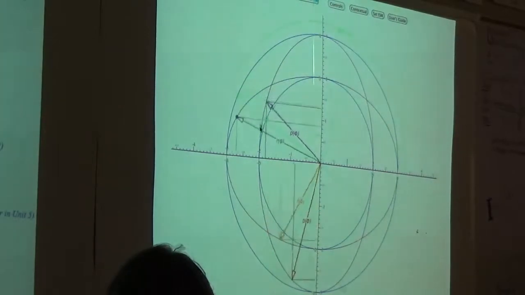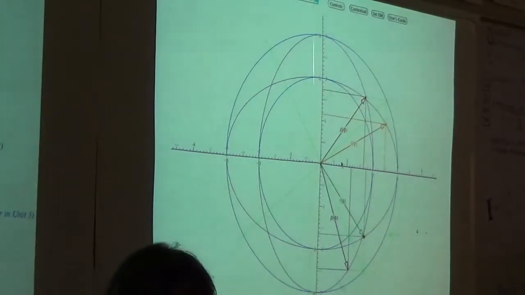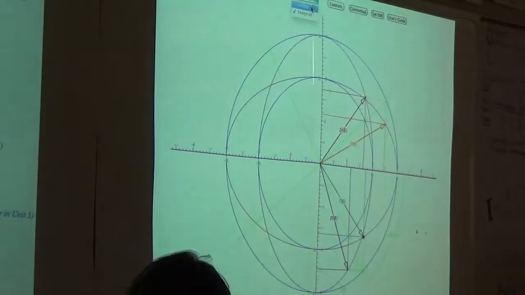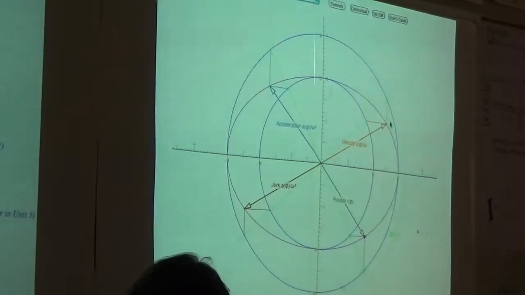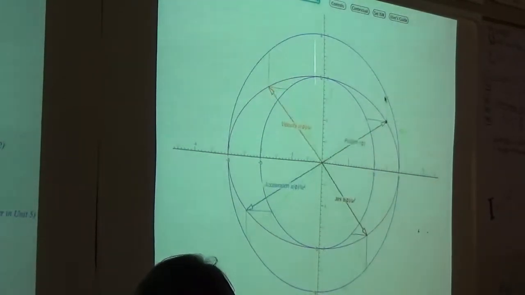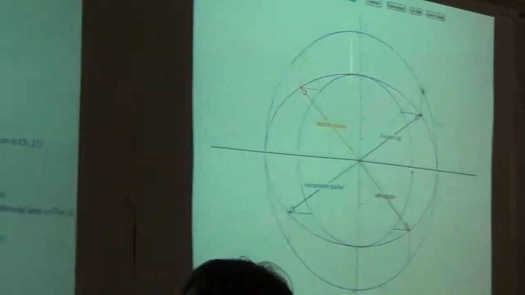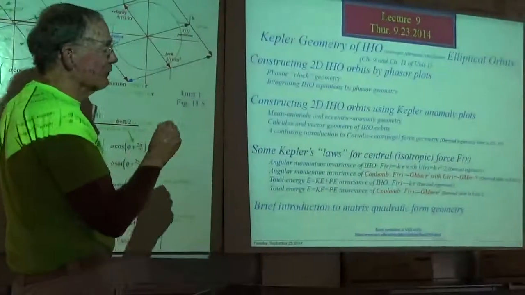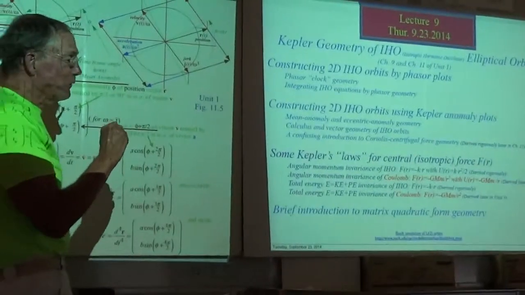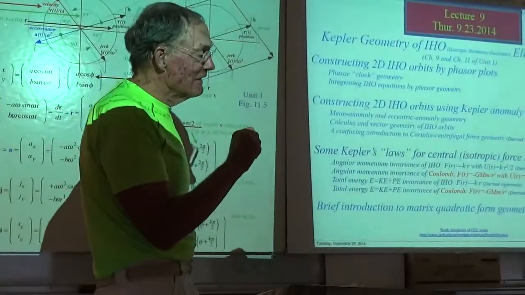This is something else we're going to be talking about later when it comes to the quadratic forms. This is where we were. But what I was thinking of was the thing where you actually draw these vectors, first derivative, second derivative, third derivative, and so forth. Do you remember that?